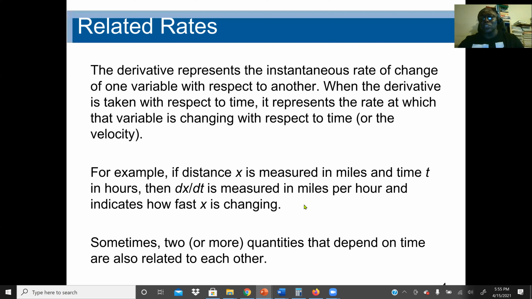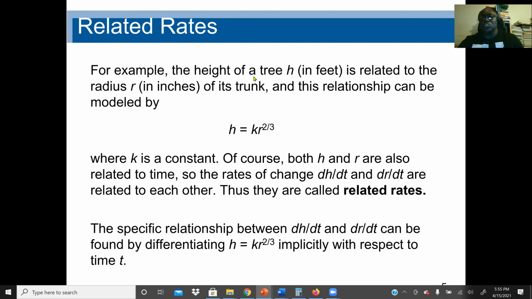So related rates involves the change of any phenomenon or any condition with respect to time. For example, here we have the height of a tree, h in feet, which is related to the radius r in inches of its trunk. We may say that when the radius of the tree increases, maybe the height also increases.